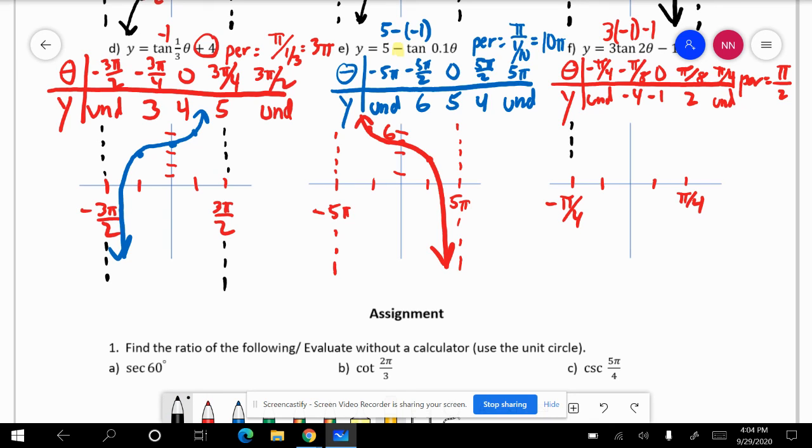Remember the vertical asymptotes. So we have negative 4, negative 1, and 2.